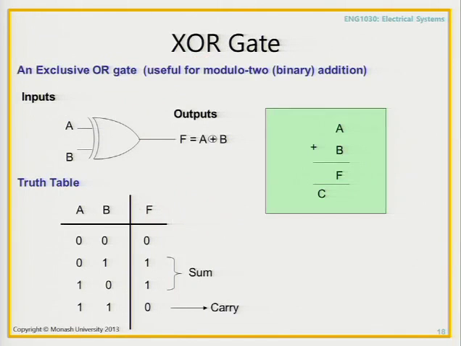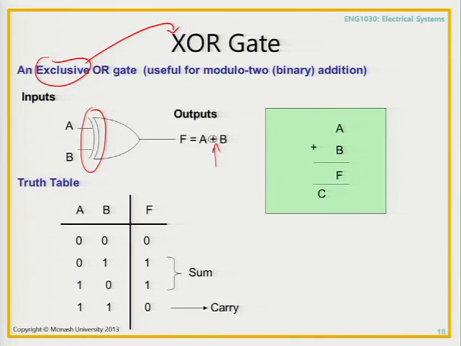Here's a special gate called an XOR gate. The X stands for exclusive. So you need special drinks cards to get into this club. It's an exclusive OR gate, and it's an OR gate with a double line on the input. Here is the special symbol for the exclusive OR gate. It's an OR symbol with a little circle around it.